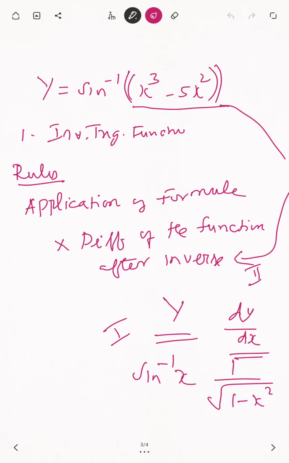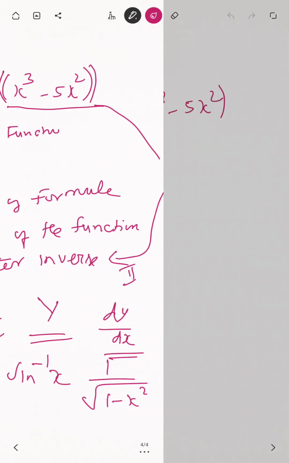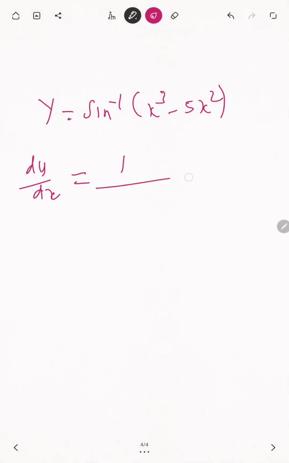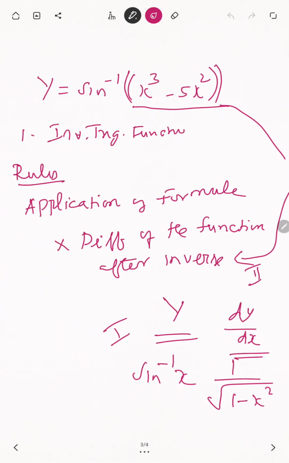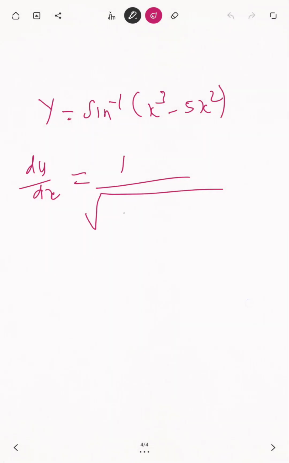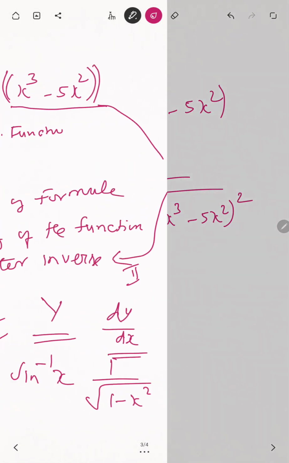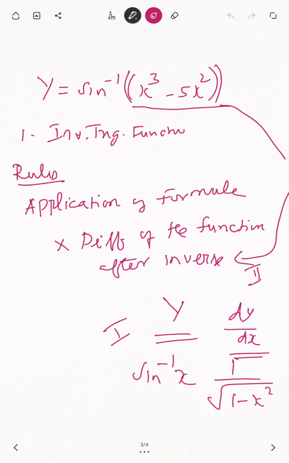Derivative of sine inverse x equals 1 by root of 1 minus x square. Apply the same formula: 1 by root of 1 minus, in the place of x, you replace x cube minus 5x square, whole square. What happened? This one is successfully completed. Application of formula is over.